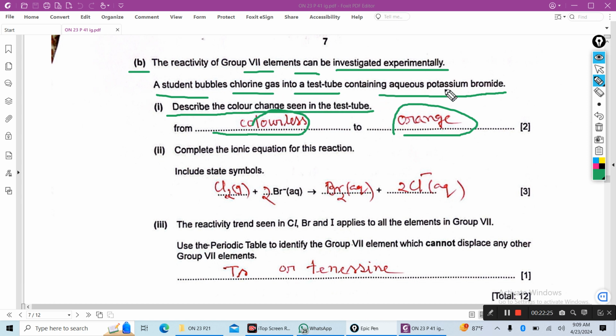Chlorine gas is bubbled into potassium bromide. So colorless to orange, because of this reaction. Chlorine displaces bromide ion. KBr aqueous solution is colorless.